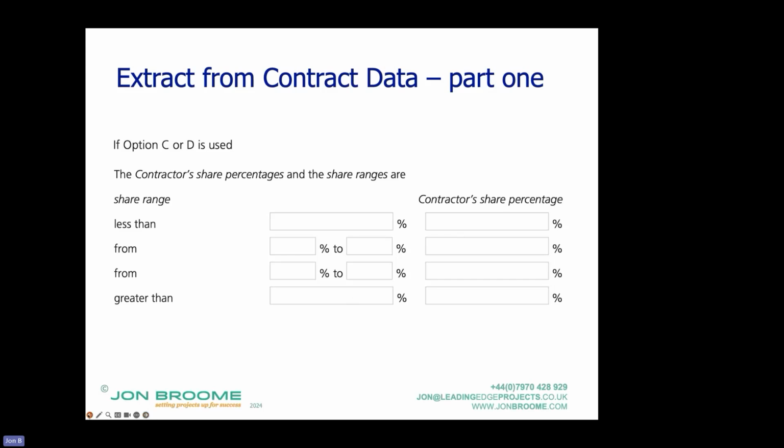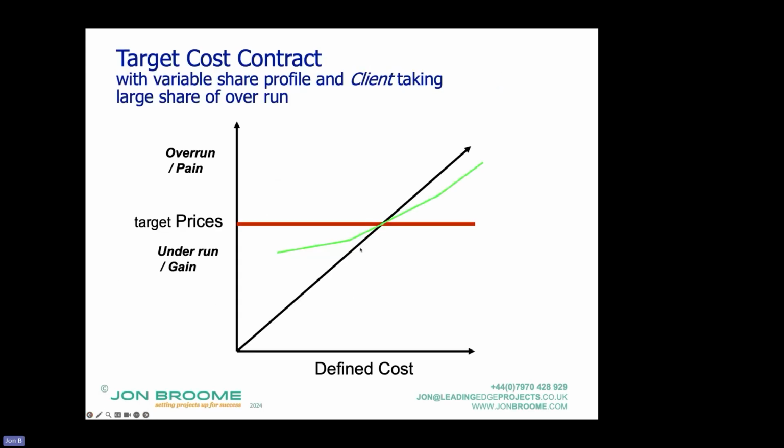So if I go back to this, at less than 90% of the target price, the contractor's share percentage, I think from memory, is 75%. So they're getting, in this one, 75% of any gain beyond the 10%. From 90% in terms of share range to 120%, the contractor's share percentage was 25% from memory, I think.